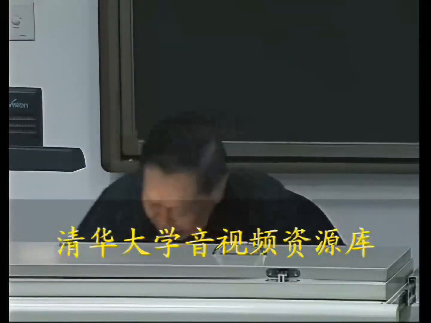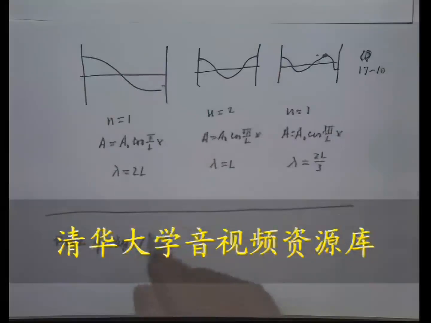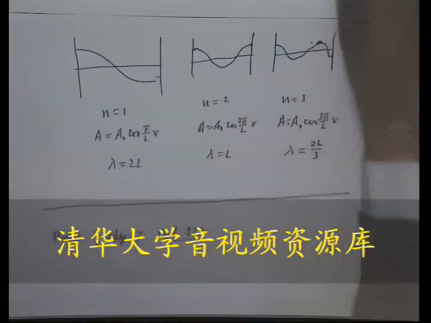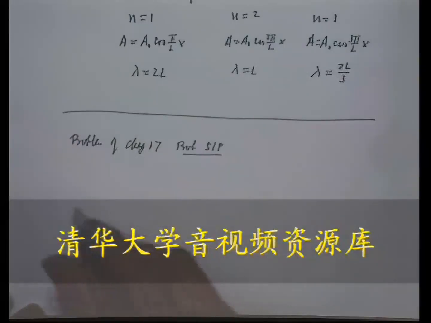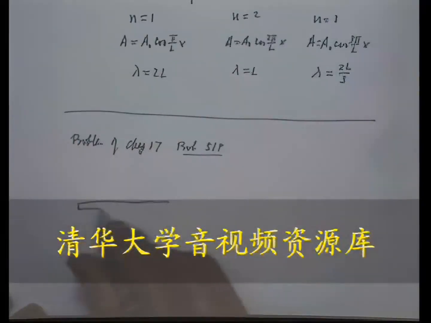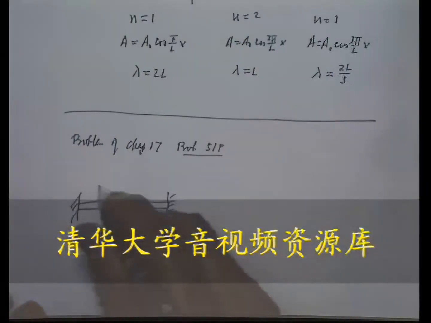Now let us discuss a problem of chapter 17, problem 51P. This problem is a string, but this string is a bit strange: it consists of two different materials.